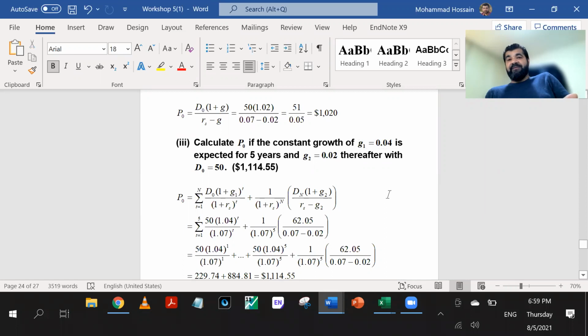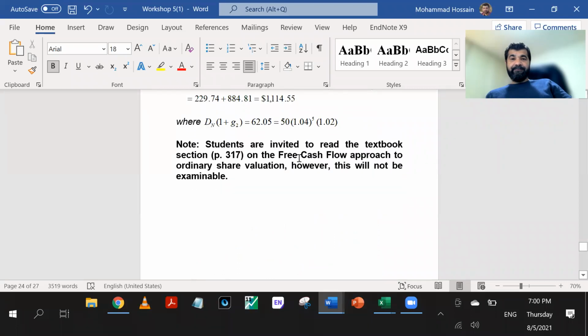Two different types. So the same thing. The g1 will be here. g1 is 4%, g2 is 2%. It's almost the same thing. Here it will change: 1 divided by (1 plus R). So the next dividend will be divided by (1 plus R) to the power N.